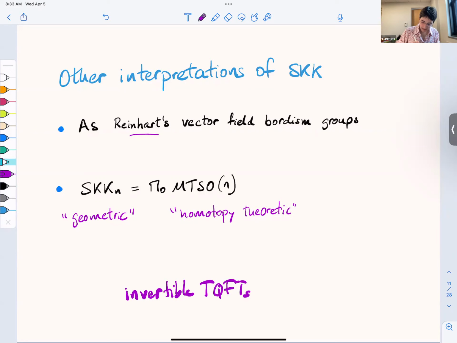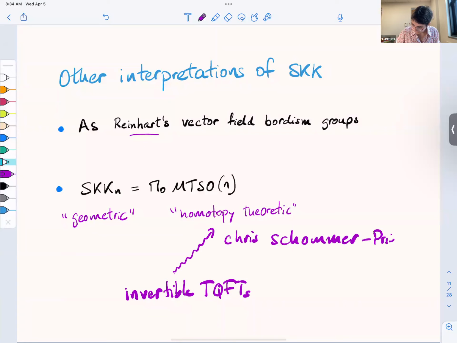And it turns out that this has been investigated from different sides. There is work connecting the notion of invertible TQFTs and this more homotopy theoretic notion of the SKK groups, and maybe even beyond that. There's a very interesting paper by Grady and Pavlov investigating that connection. And of course, we also want to make the connection with our more geometric notion of the cut and paste group.